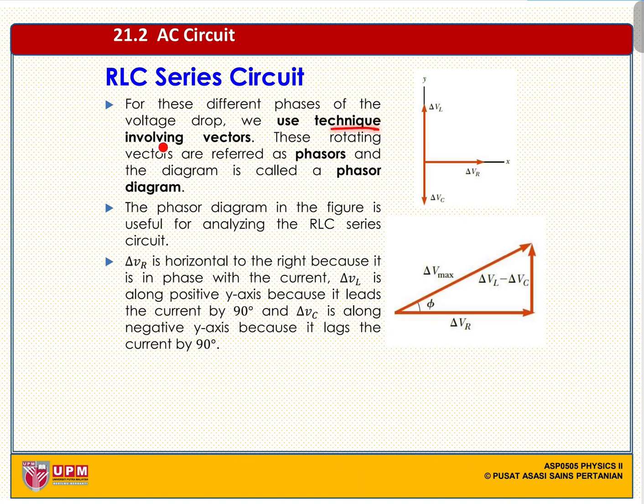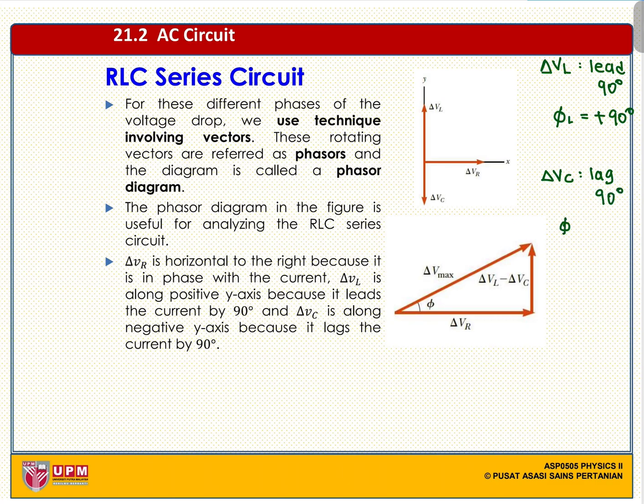So sebagai bentuk vektor. So, tengok tadi yang your delta V, delta VL lead by 90 degree. Then I show you that your phasor angle for here adalah positif 90. Untuk delta VC pula, dia lag sebanyak 90 degree.